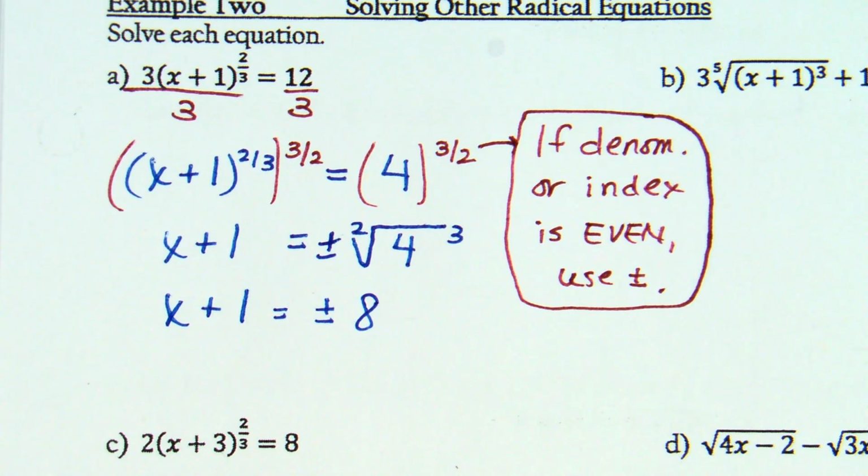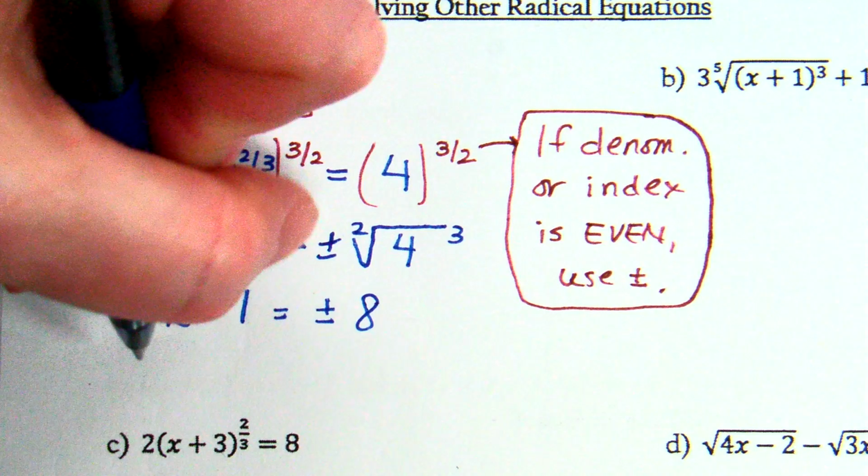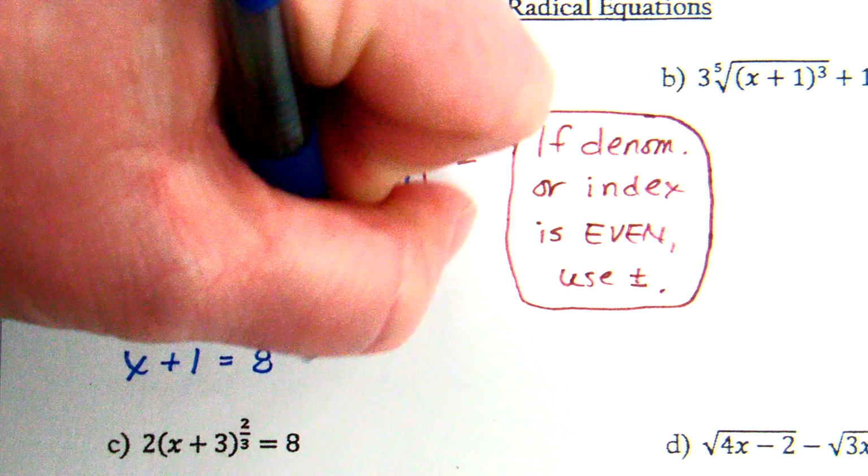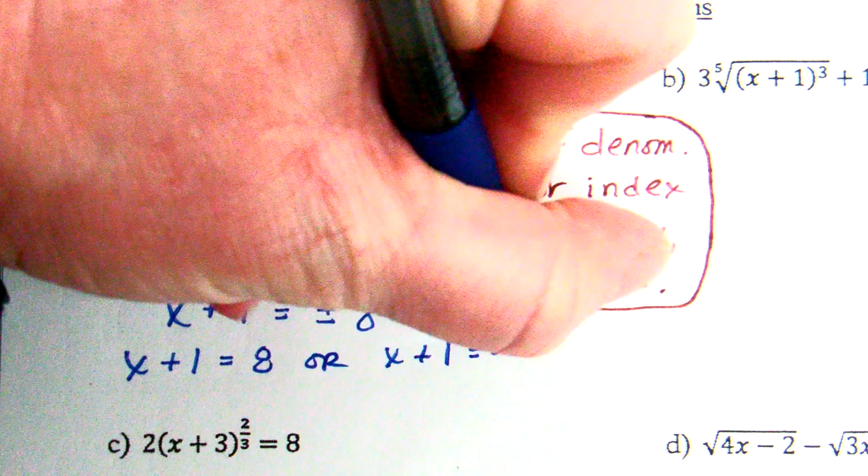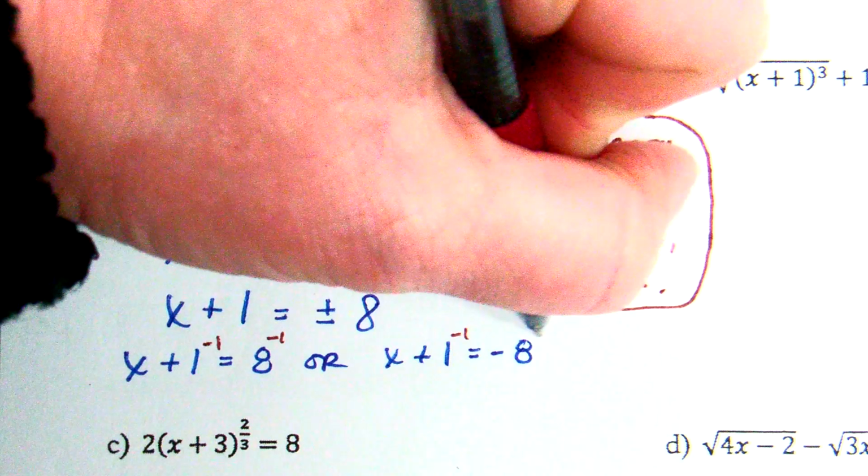Okay, so how many answers am I going to have? 2. Okay, I'm going to set up 2 equations. As long as you know you have to subtract that 1 from 8 and negative 8, that's the key. So I'm going to have x plus 1 equals 8, or x plus 1 equals negative 8. Since it's x plus 1, subtract 1.